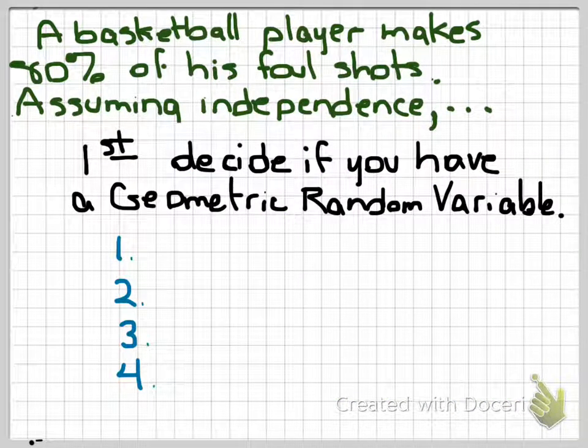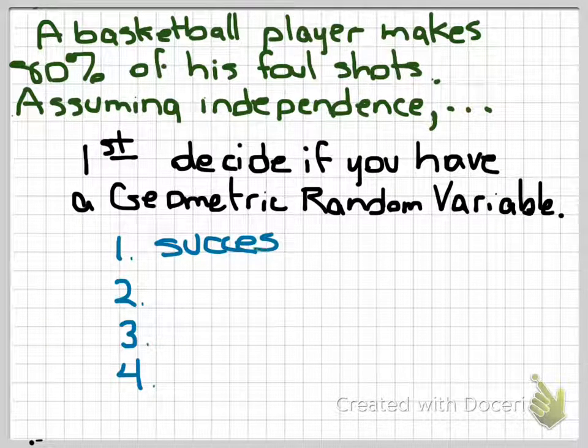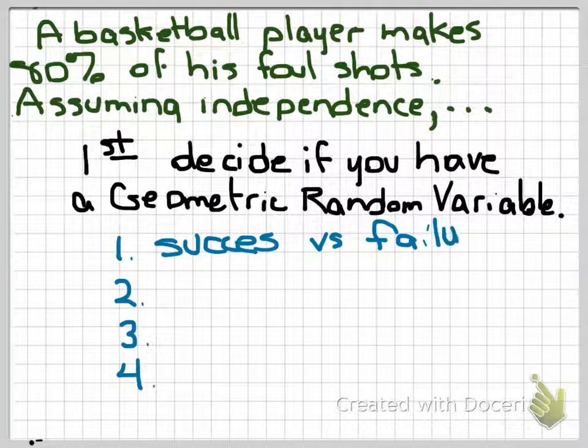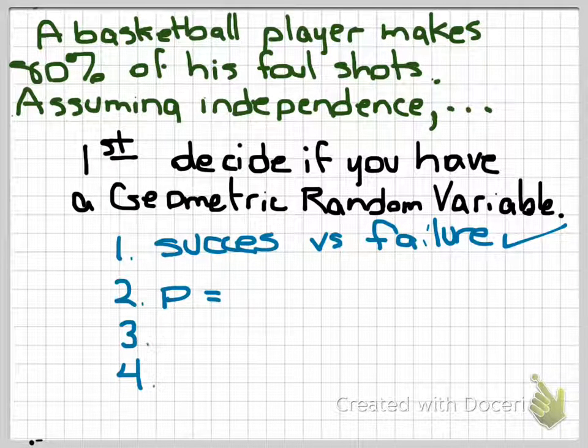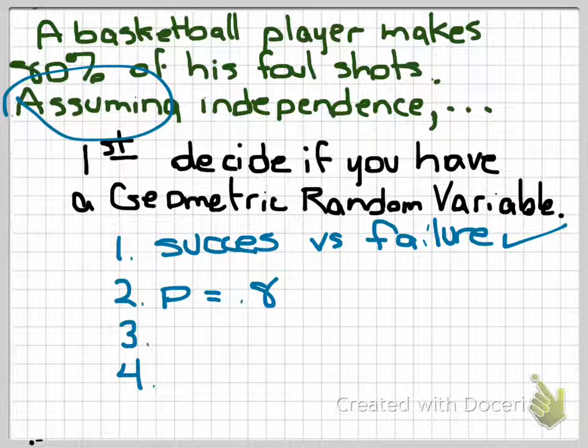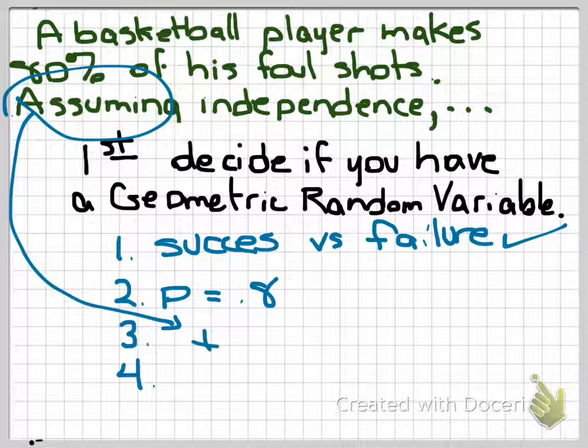So let's, of course, make sure we have a random variable. And do we have success versus failure? And we do. Check. Do we have, in this case, the probability of success is going to be constant? Yep, it tells us it's 0.8. And finally, it tells us right here to assume independence.